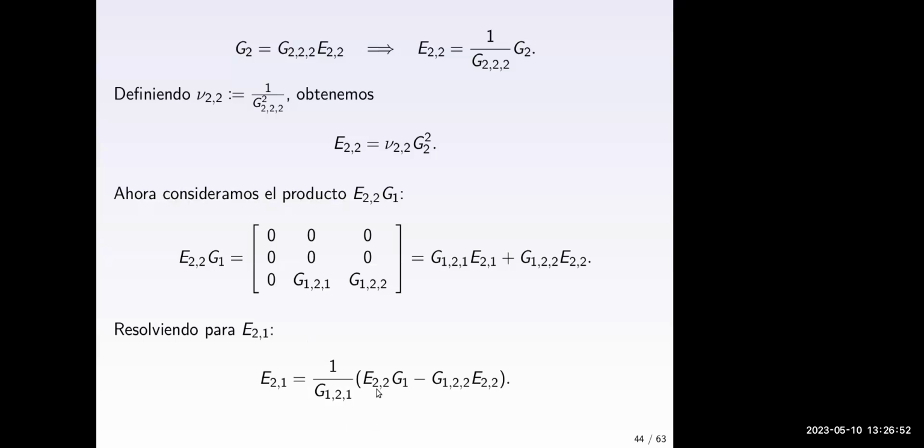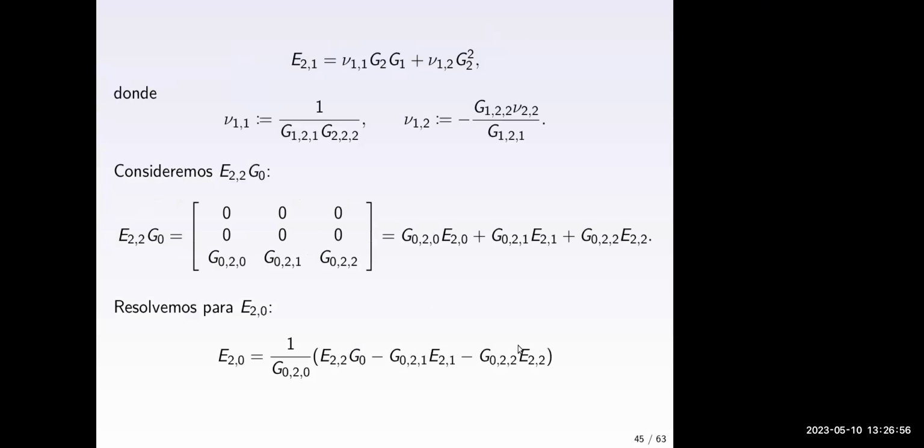Now we substitute E22 here and we get that E21 is also a linear combination of products of G's. We have these explicit formulas for the coefficients. Now, finally, we consider these products. We also decompose this product by the basic matrices.